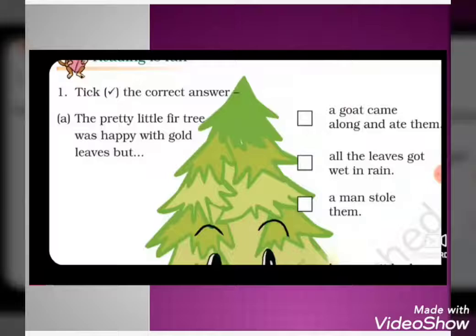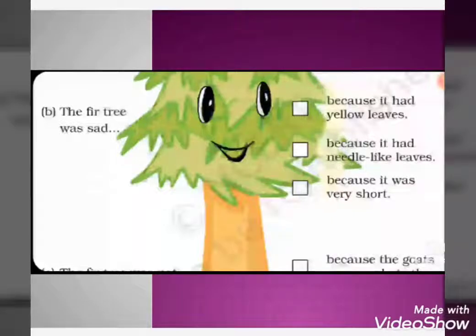Tick the correct answer. You have to choose the correct answer from the given options. The pretty little fir tree was happy with gold leaves, but a goat came along and ate them. All the leaves got wet in rain. A man stole them. So you have to remember the story and tick the answer.